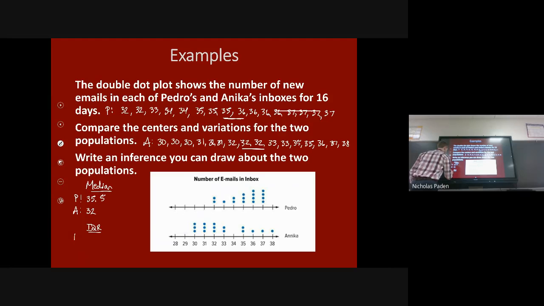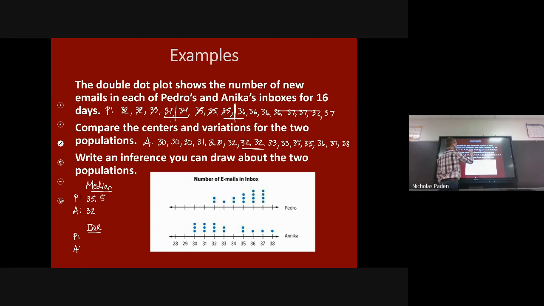Then I find the IQR. So the way that I find the IQR is I'm going to take the median, which is 35.5. Okay, that's the median. And I'm going to just focus on the smaller half. So there should be 8 numbers, and there are. Then I find the median of this bottom half. So I can cross off now. Notice I've got 34 and 34.